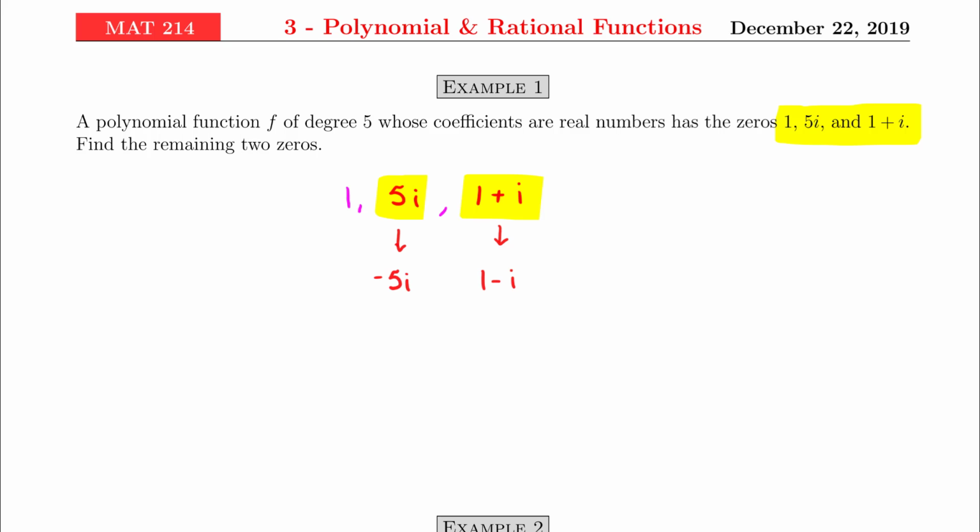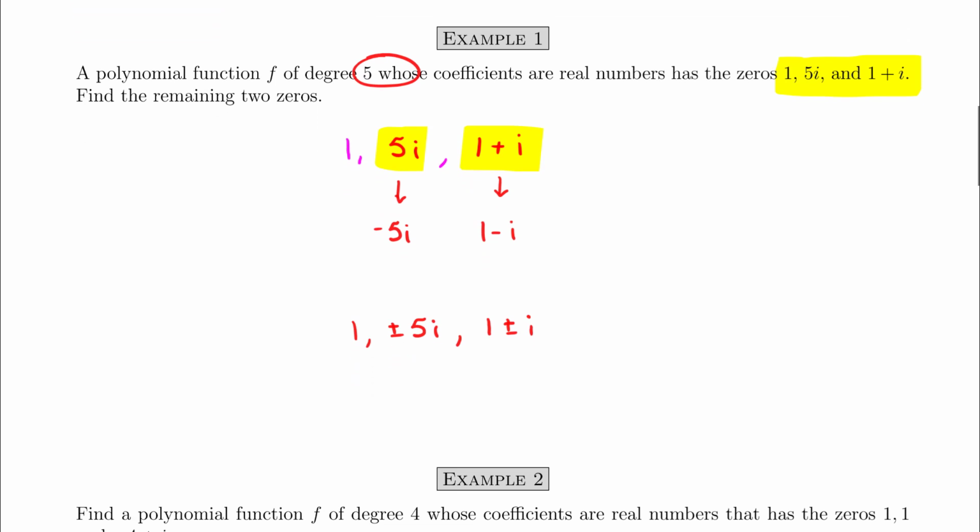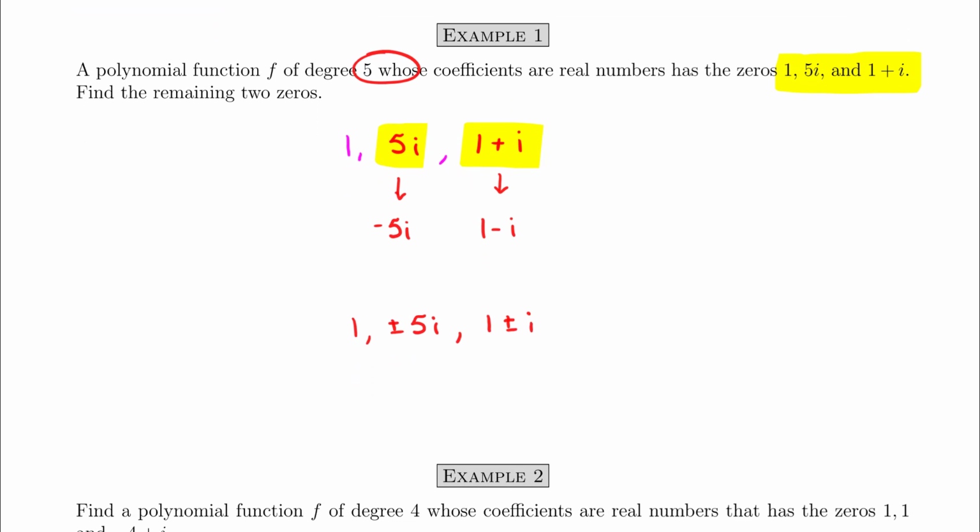So the entire list of all 5 zeros is going to be 1, plus or minus 5i, and plus or minus i. So there's the entire list. If you wanted to write all 5 of them out individually, you can. Plus or minus will also work because it does indicate 2 different values.